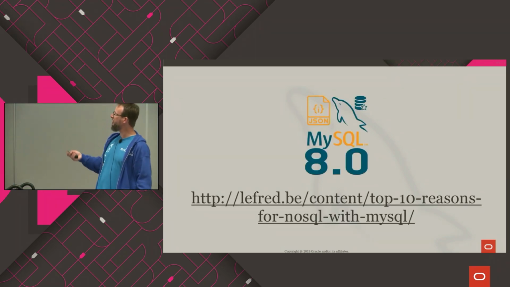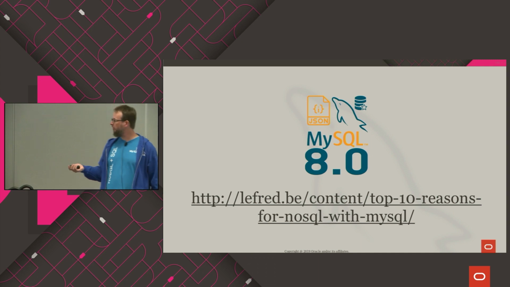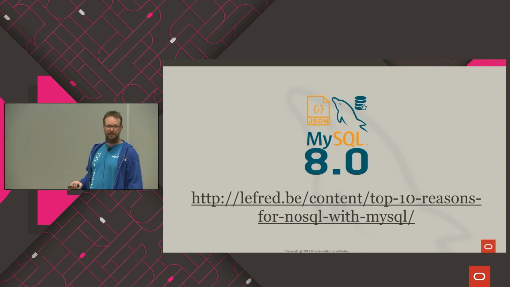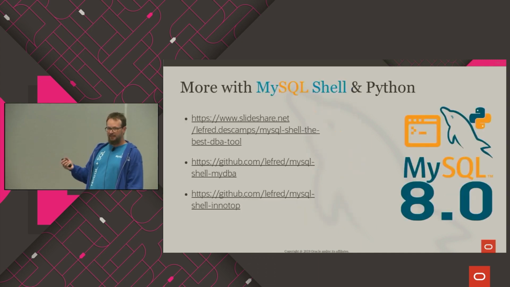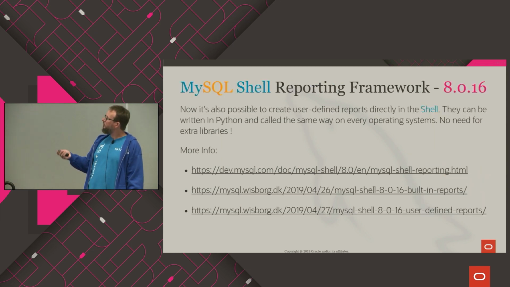If you want more reasons to move to MySQL 8 document store, you can find the top 10 reasons here on the site. And you will also find here some other slides, and other tools that you can do with MySQL Shell and Python. The full reporting framework, because you can create reporting in Python.